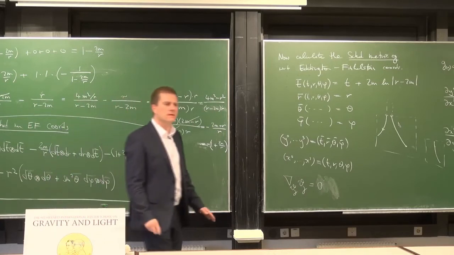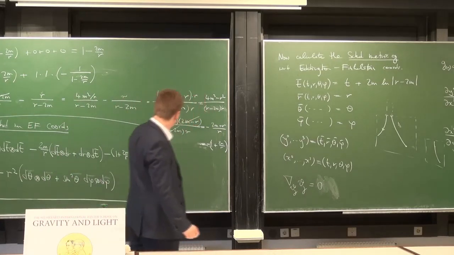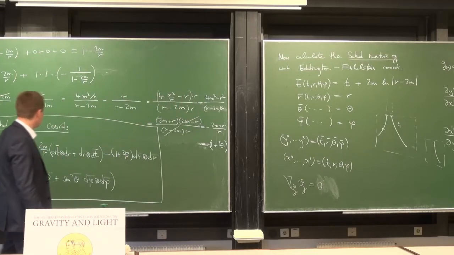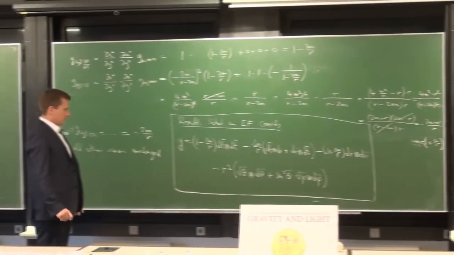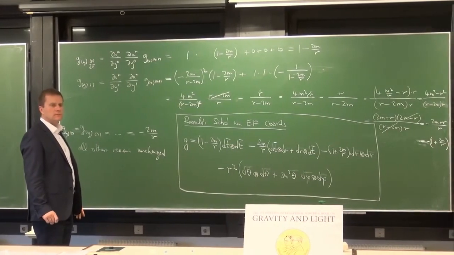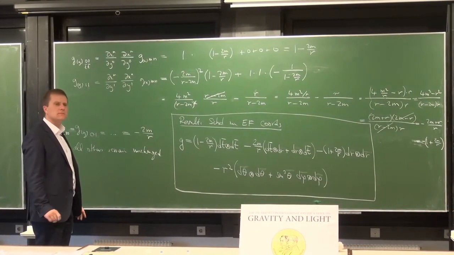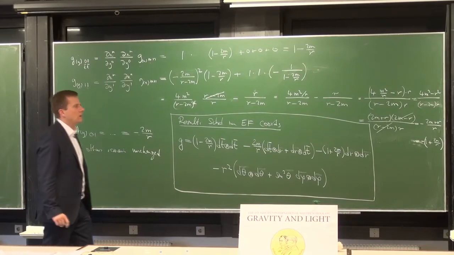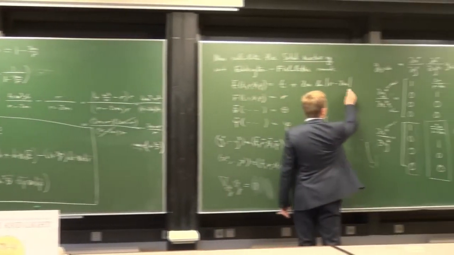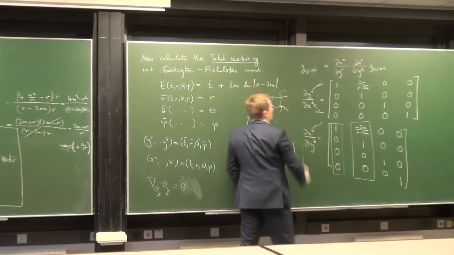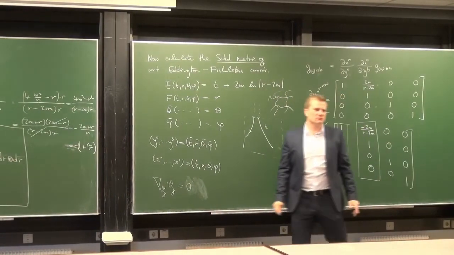Yes. Is there any deep meaning in having cross terms between time and space and r? Because we did the correction, and the correction gave us this cross term. Yes. Well, in general, if you go to crazy coordinates like those ones, then the whole matrix is full of terms.